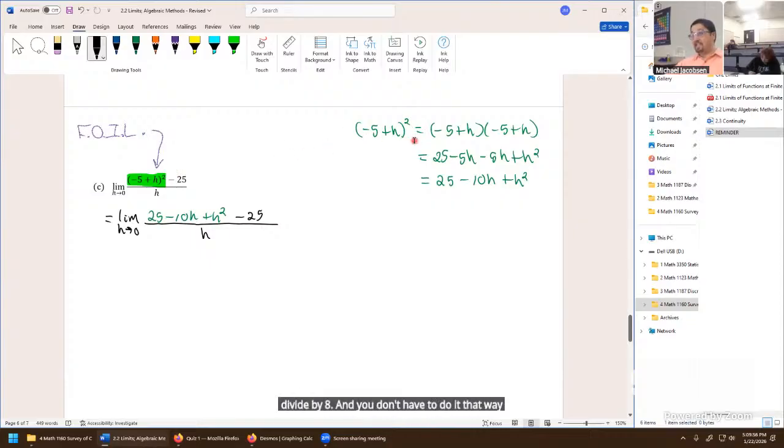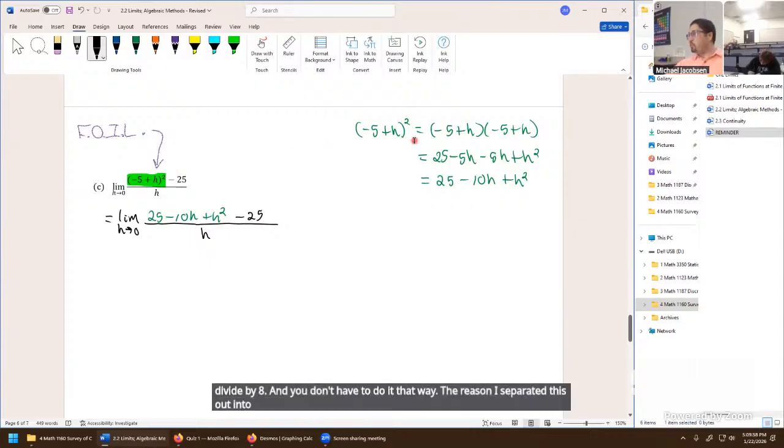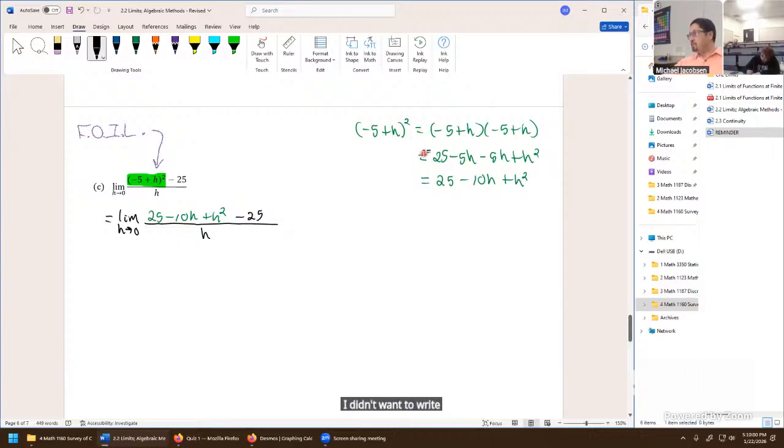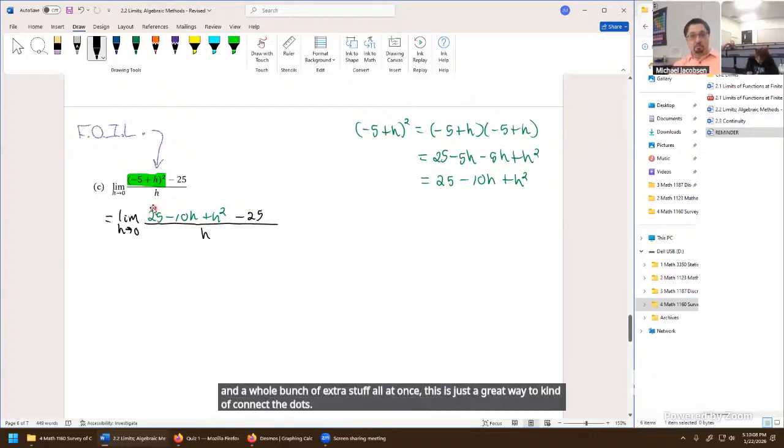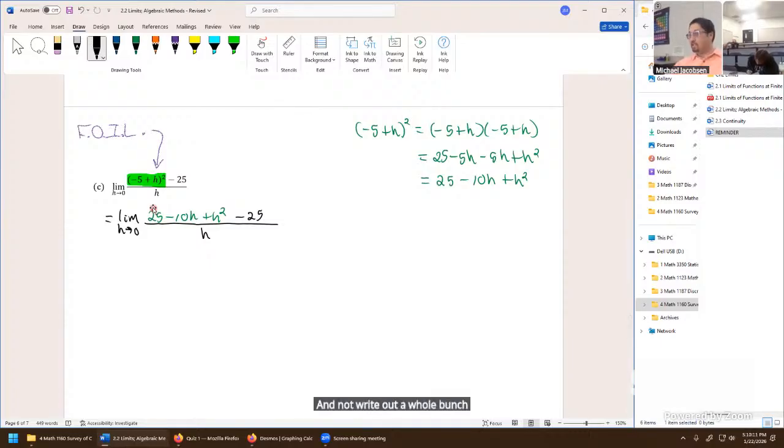The reason I separated this out into chunks is I didn't want to write a limit statement with 1, 2, 3 different lines and a whole bunch of extra stuff all at once. This is just a great way to kind of connect the dots and not write out a whole bunch of stuff for one limit. But now that we're here, notice that's the thing that's going to save the problem.